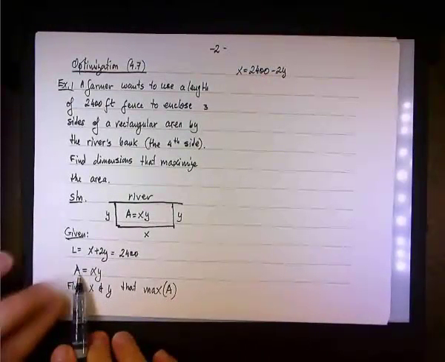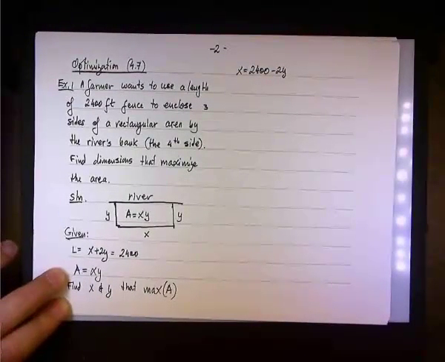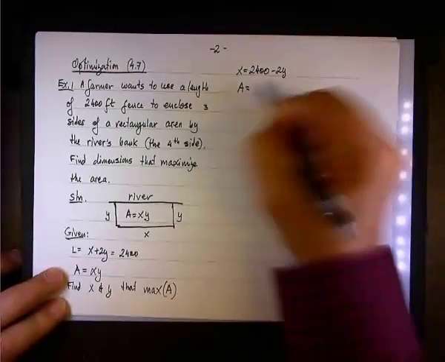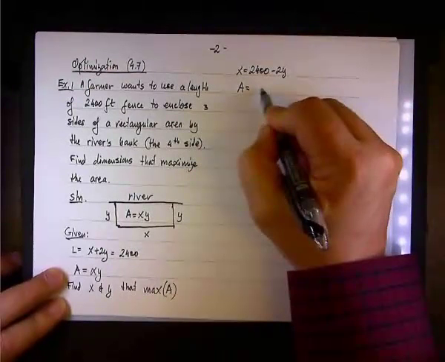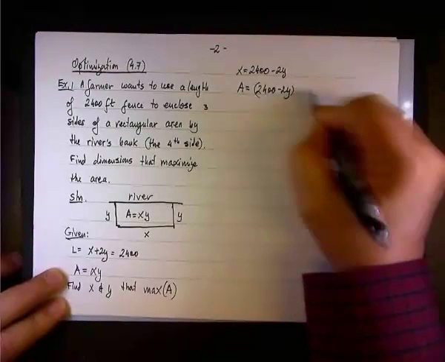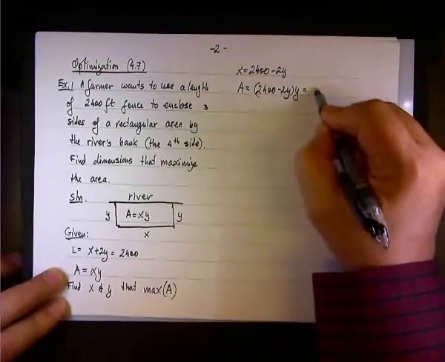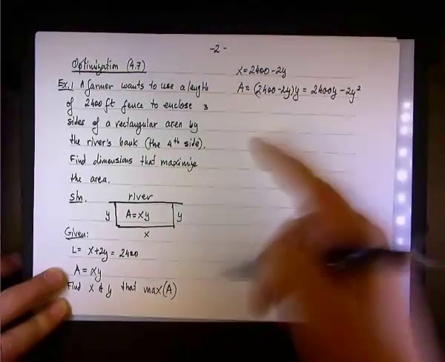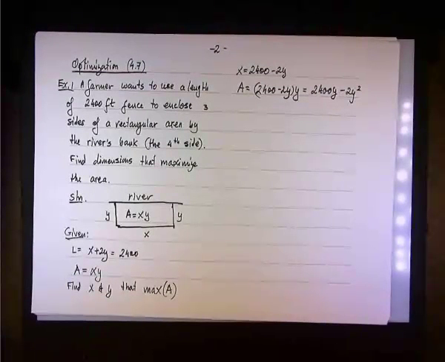And now instead of expressing A as a function of two variables, we can express A as x, which is 2,400 minus 2y, times y, or 2,400y minus 2y squared. And now we need to maximize this function. But before we move on, let's think about the endpoints and let's think about critical numbers.